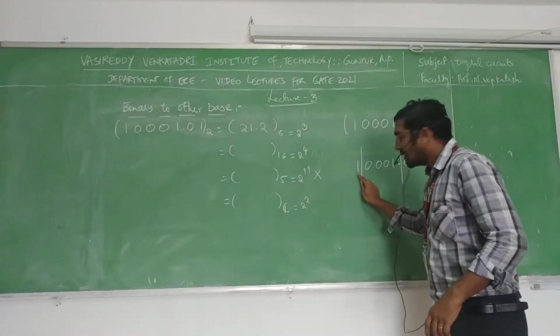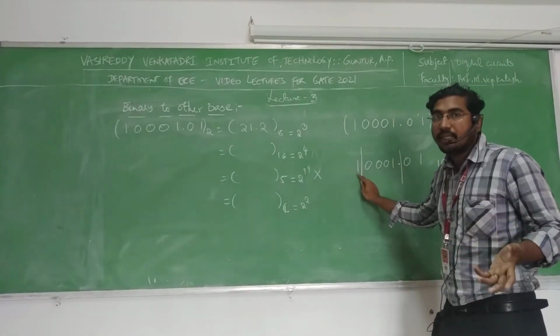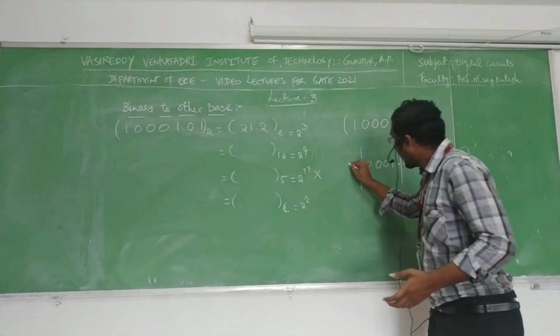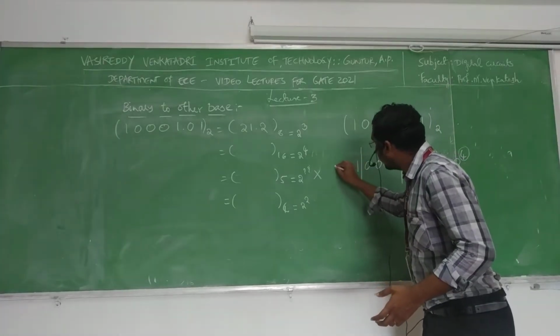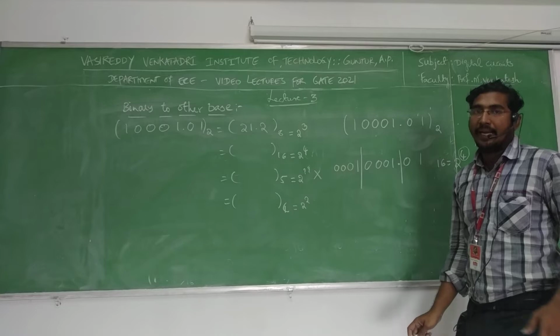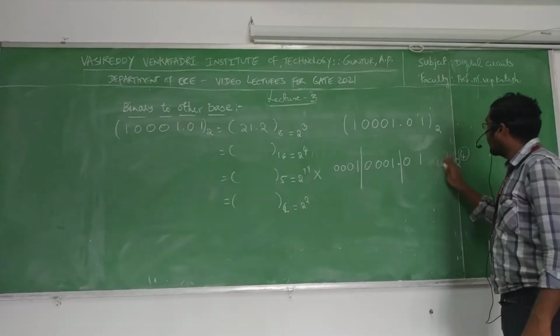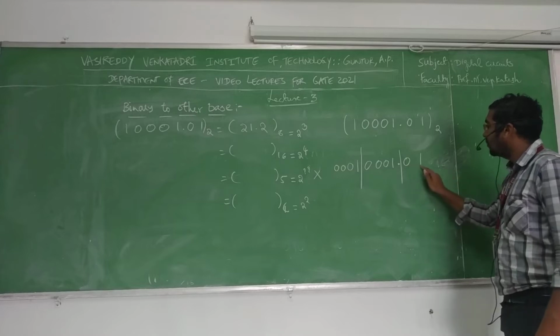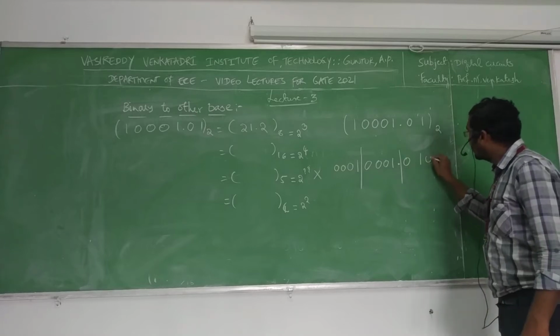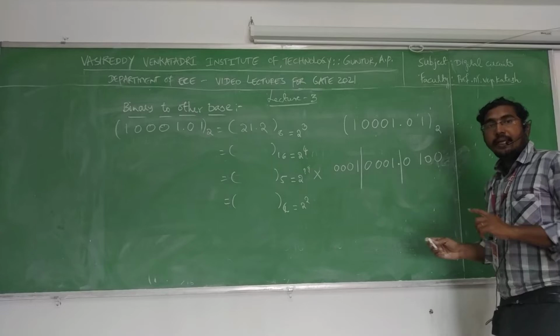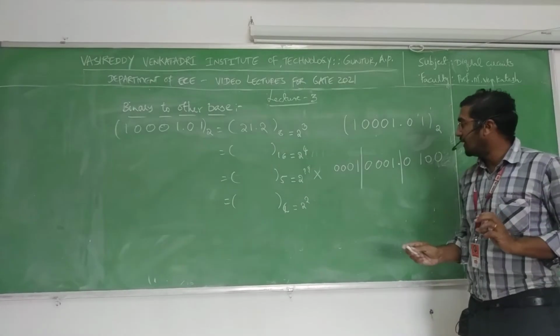Now here, I count only 1. There are 3 bits missing. Then, you can always add as many zeros as you want at the left hand side. Now there are 4 here. Towards the right, when I count, there are only 2, 0, 1. Here also we add 2 zeros. Now, in each group, there are 4 bits.